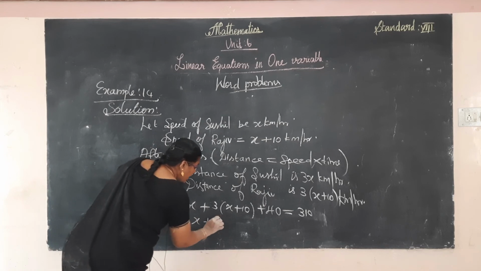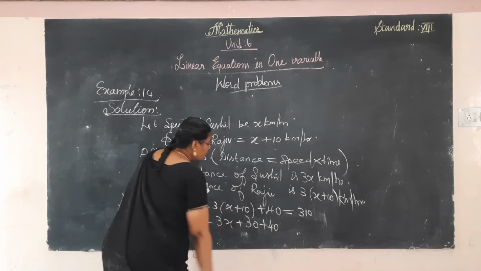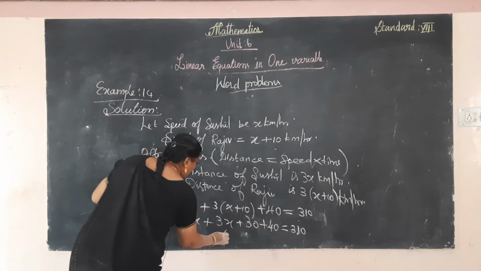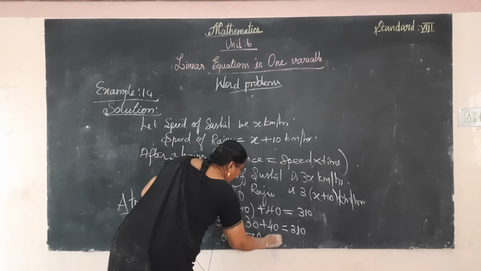Now simplify. 3x plus 3x plus 30 plus 40 equal to 310. Now add these values. 6x plus 70 equal to 310.